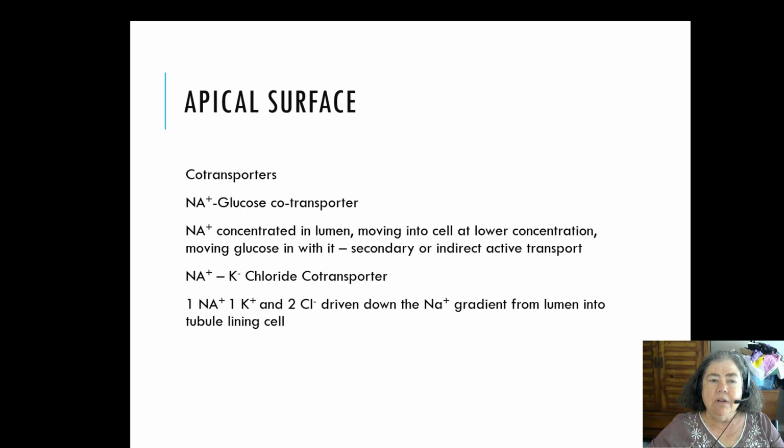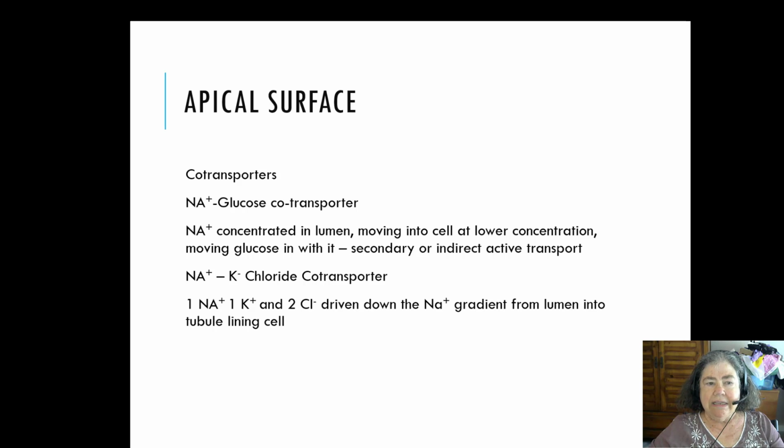On the apical surface are different things, okay? And they, by and large, are co-transporters. So there is a transporter, particularly in the proximal convoluted tubule, that moves sodium and glucose. There is quite a lot of sodium in the lumen.